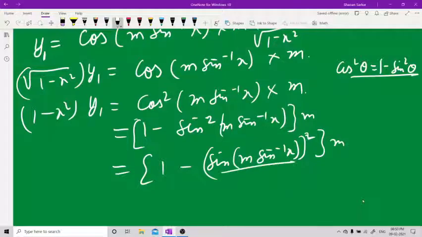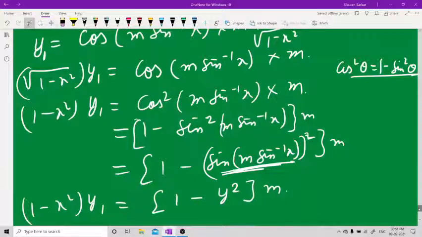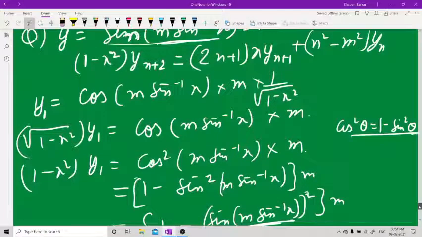This is nothing but y. So 1 minus x square y1 square is 1 minus y square into m square. Now differentiate it for the second time, because you need yn plus 2.